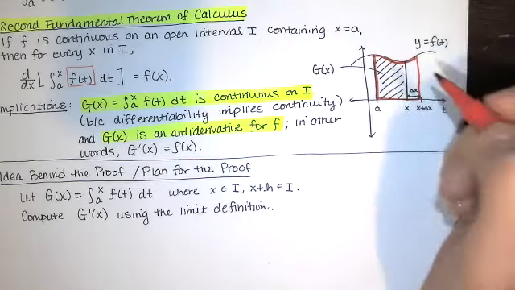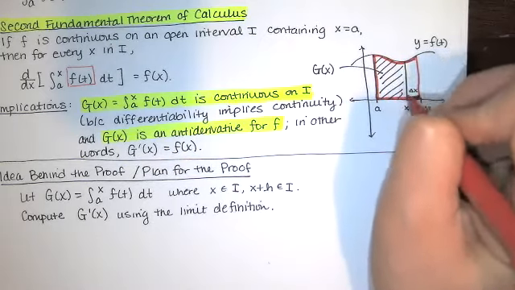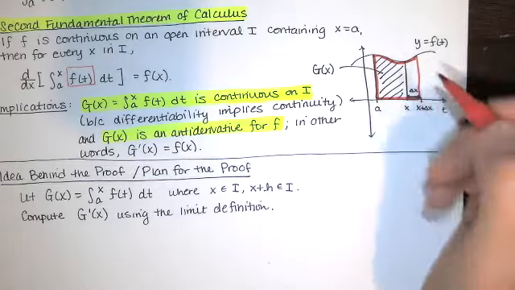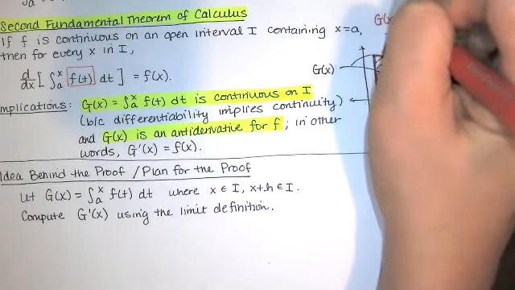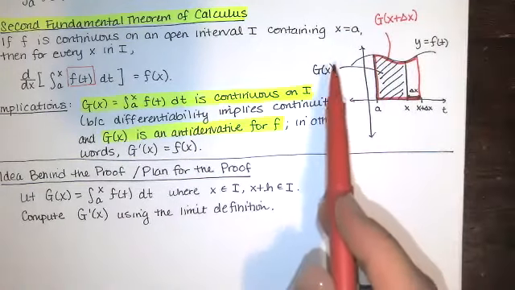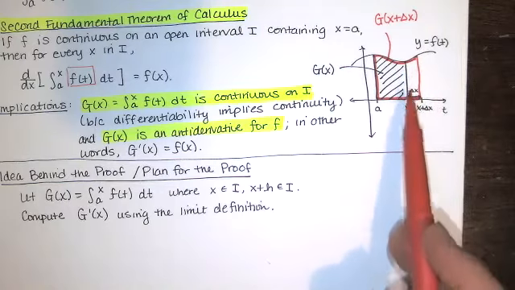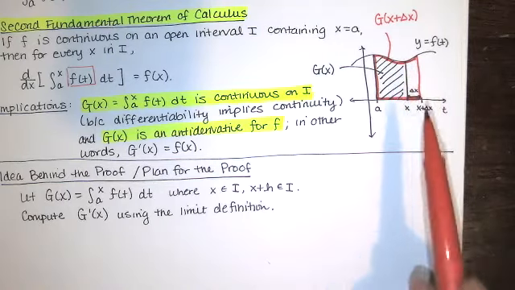So that red area, which includes this unshaded rectangle right here, that's g of x plus delta x. So when I take g of x plus delta x and I subtract g of x, what do I get? Well, I get like a little rectangle right here.